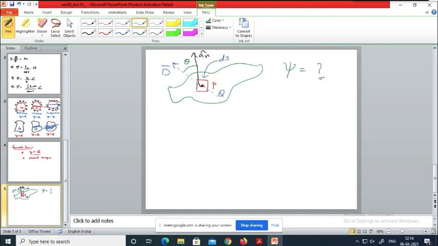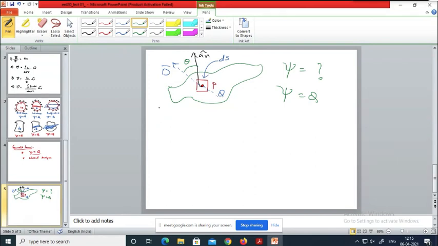What exactly is phi here in this irregularly shaped surface? We know that phi will be equal to Q, but I need to establish a relationship. So I'm just establishing a relationship now.